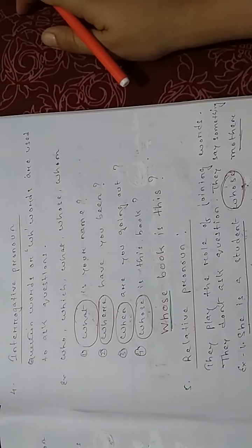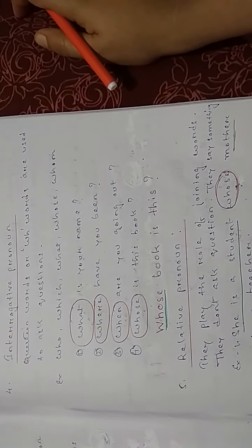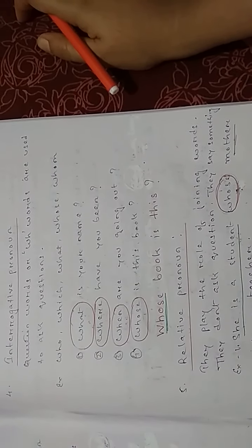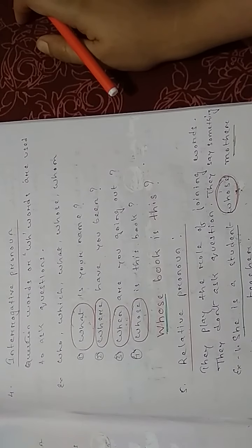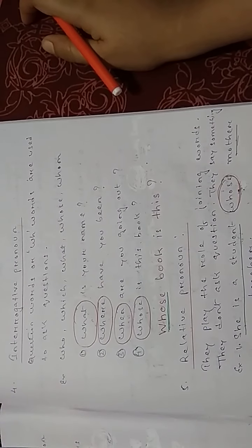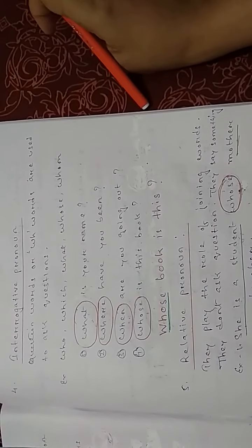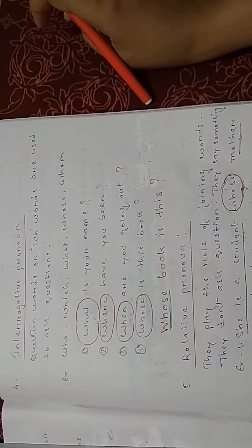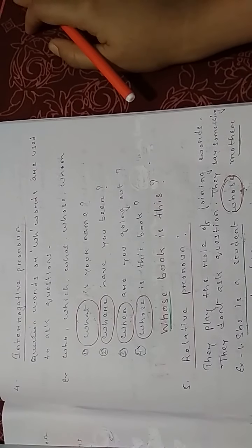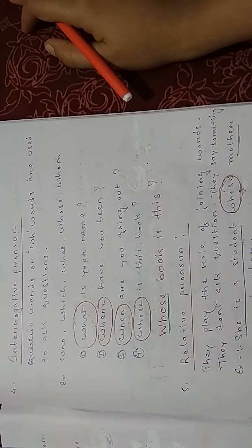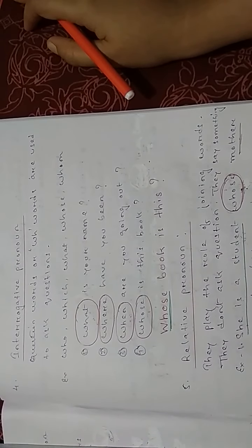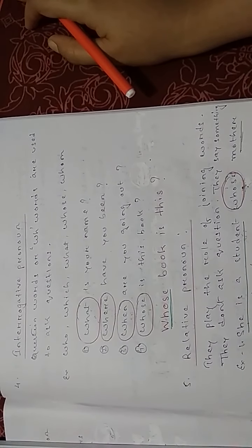Okay? Now today we'll start with interrogative pronoun. Now remember I discussed what interrogative sentences are. 4 kinds of sentences. Remember? Declarative, interrogative, imperative and exclamatory. So what were interrogative sentences? Interrogative sentences were the question sentences.